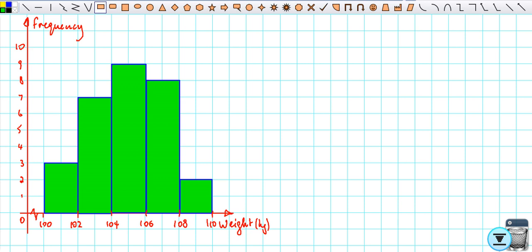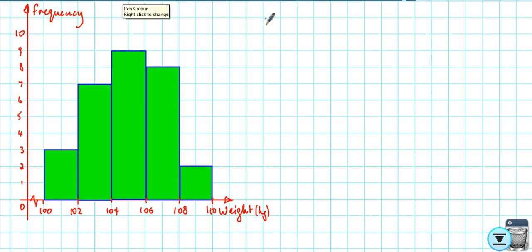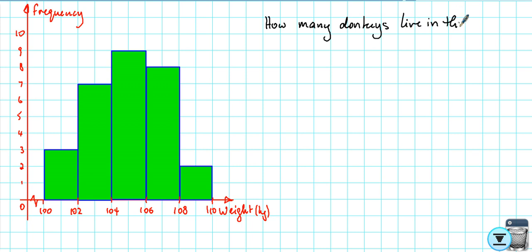So, if I had to ask how many donkeys live in this farm, all we need to do is to find the number of donkeys.